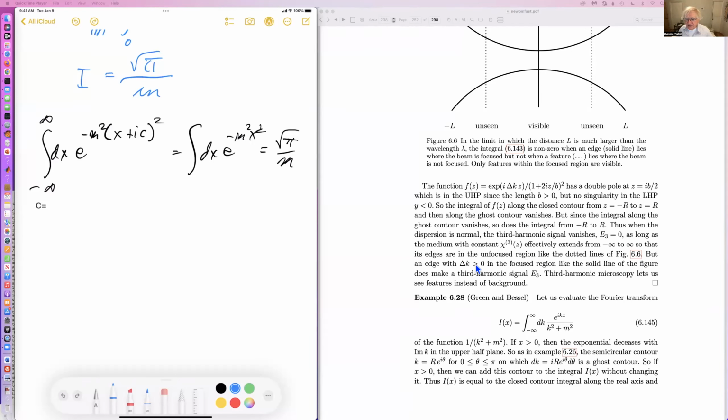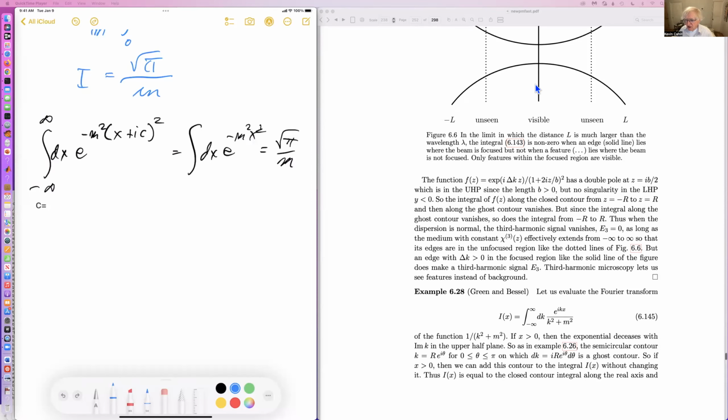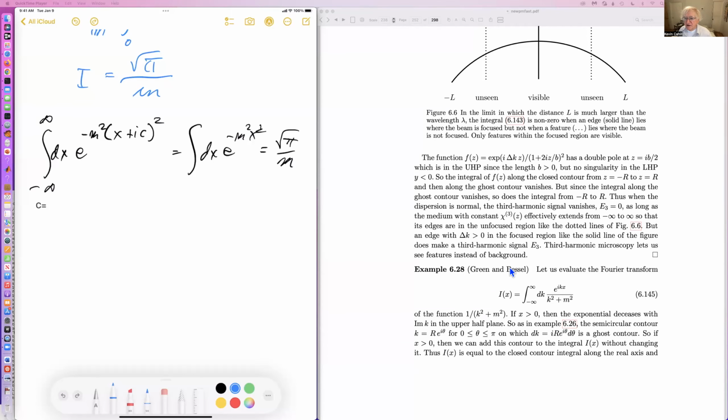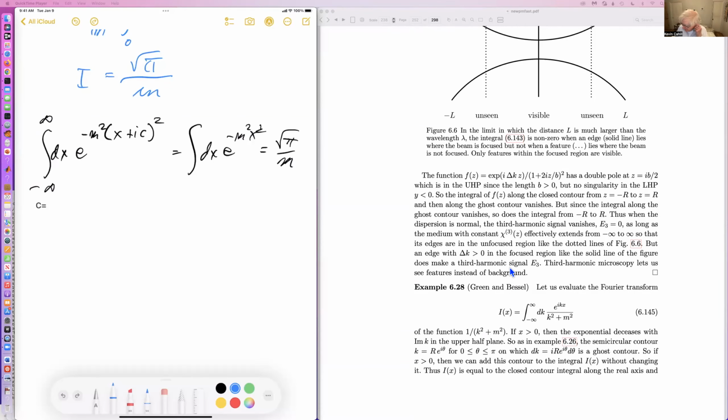On the other hand, if there's an edge with positive delta k in the focused region, then it does make a third harmonic signal. And so what third harmonic microscopy does for you is it makes you see edges and features instead of background.